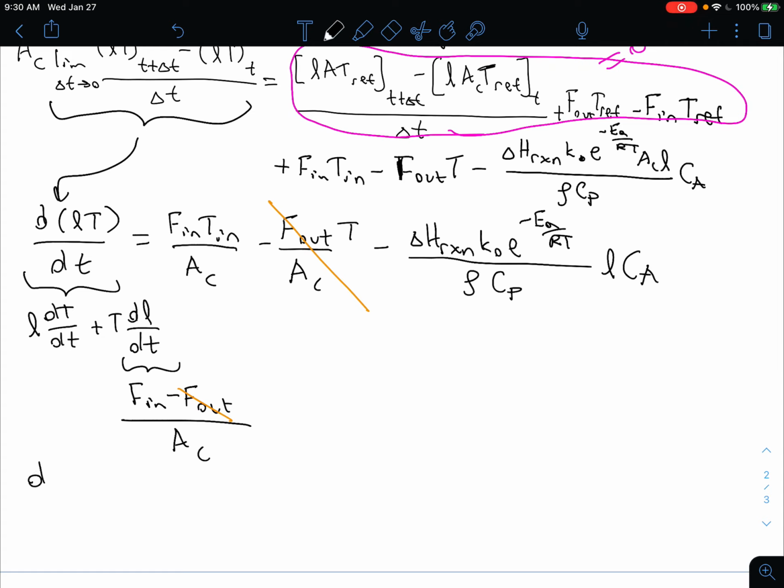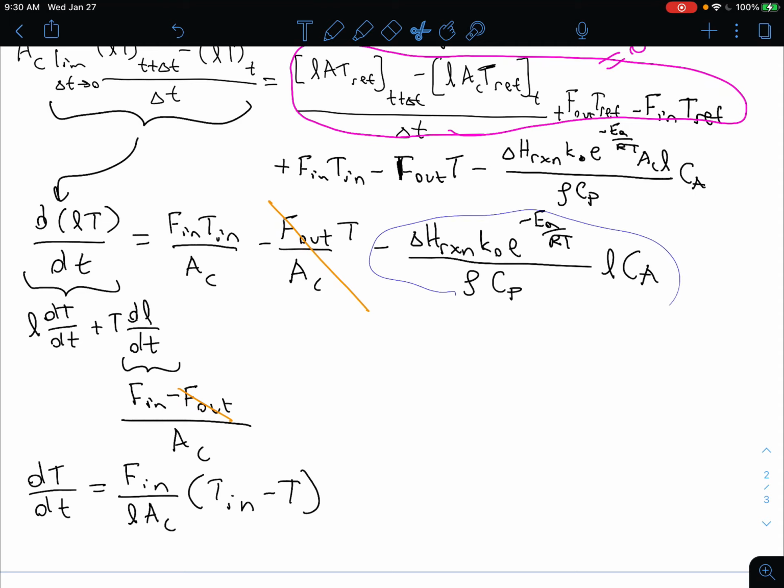And so what we get is dL dt equals F in over LAC, T in minus T, so I divided through by L. So now this next term, I'm just going to copy it.